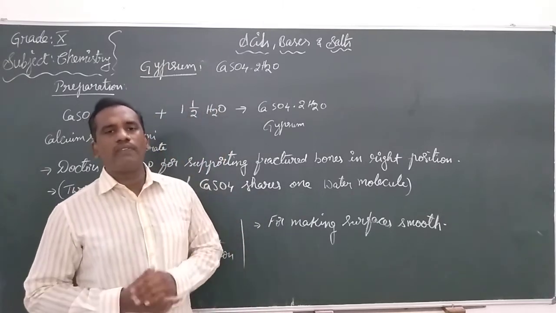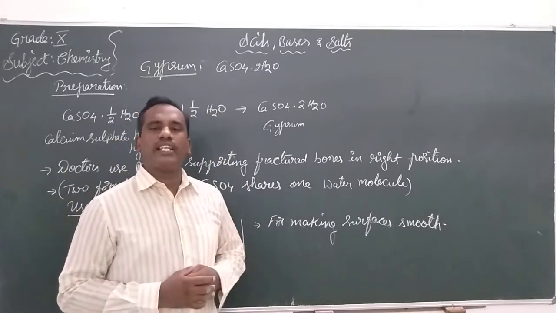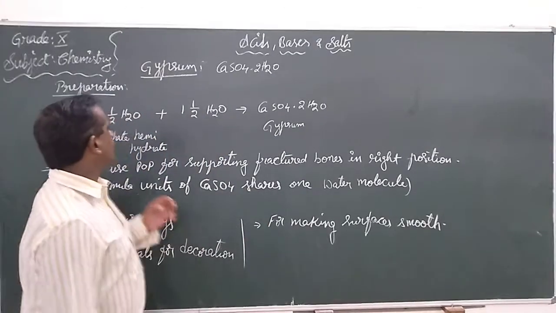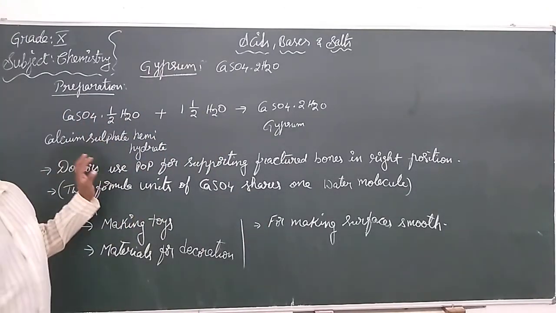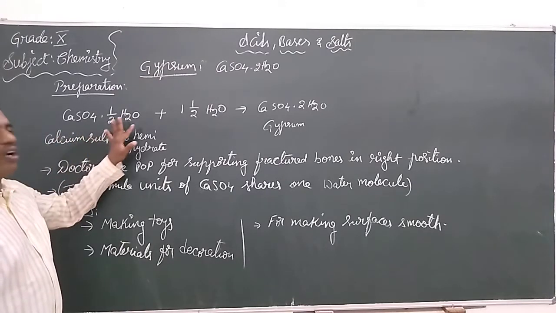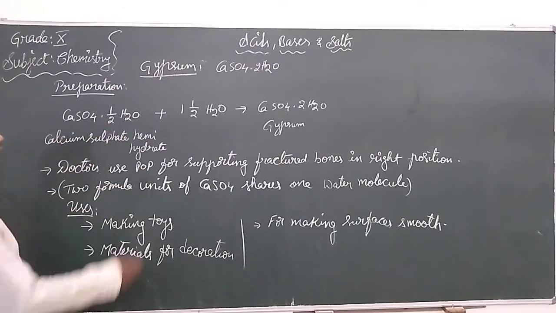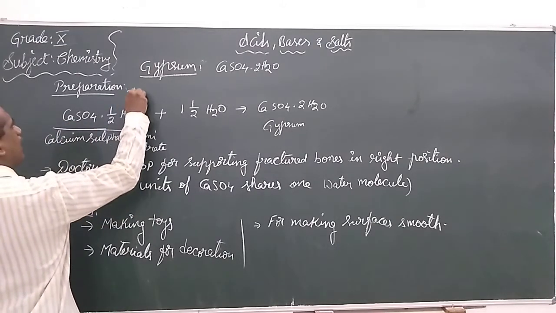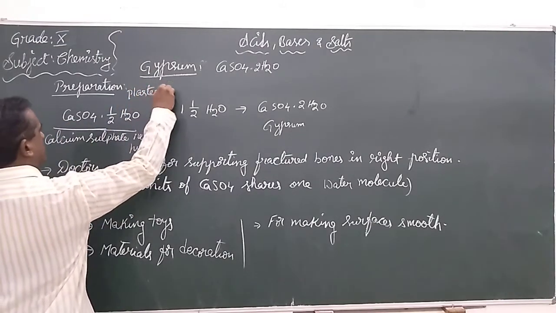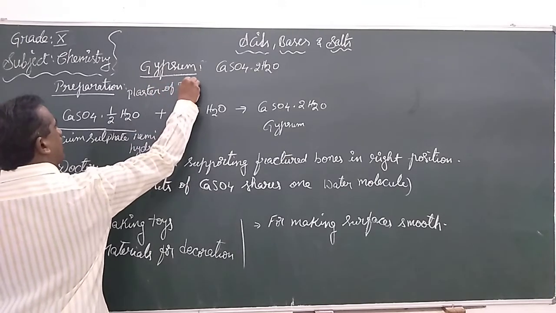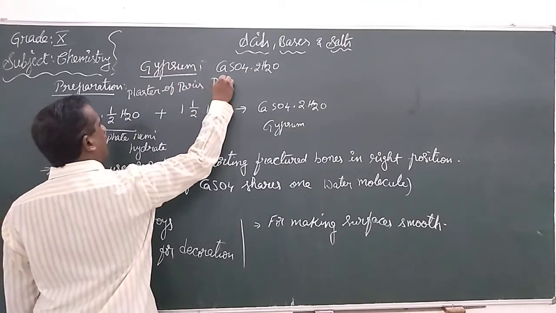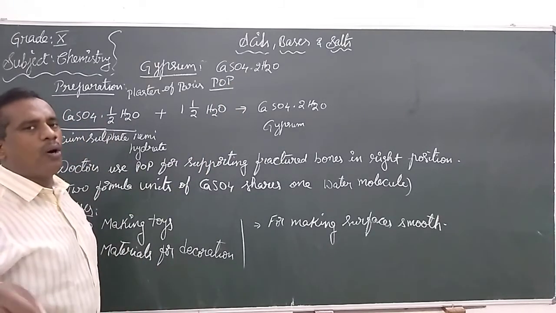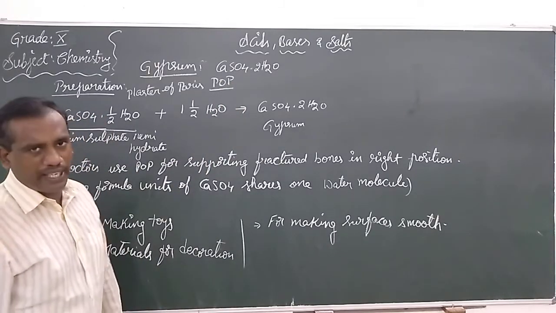Its formula is CaSO4 half H2O. Now most of the students will have a good doubt. CaSO4 half H2O, I am calling this the plaster of Paris. In short, it is also called POP.